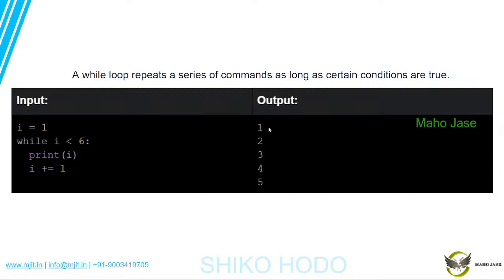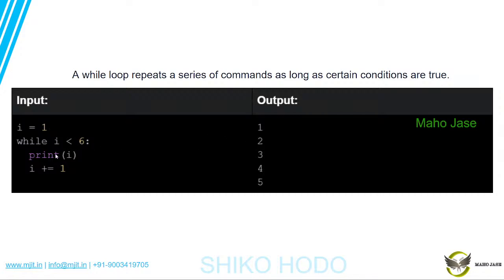So in the first one, it would print i, which means 1. In the second one, the i value would increase by 1. The previous was 1, now i plus 1 means i becomes 2, so 2 will be displayed.